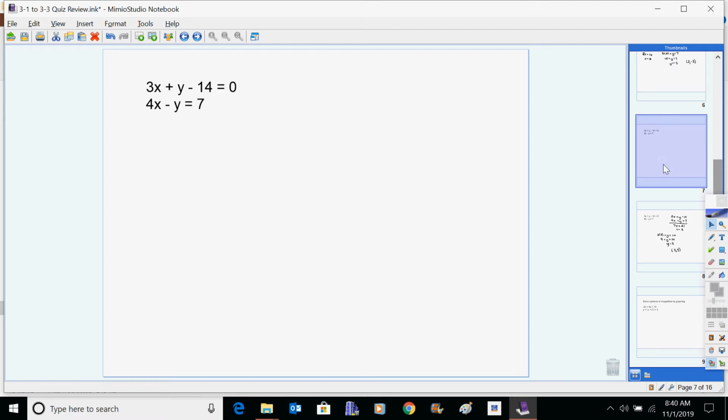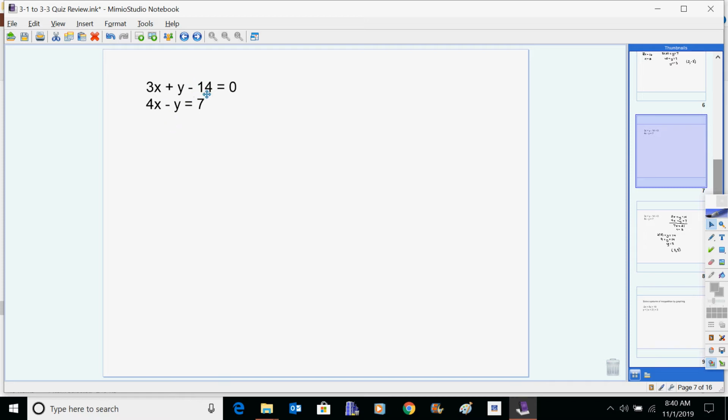Another example of elimination here, it's already set up to eliminate, but as I said, make sure that you're also thinking about the ones that you did in the other review assignment for homework and when we did it in class, that sometimes you have to do something. So this also, the y and the negative y will cancel out.